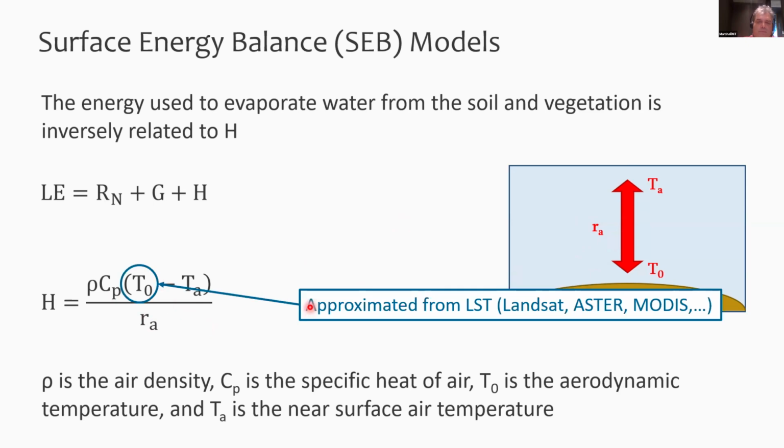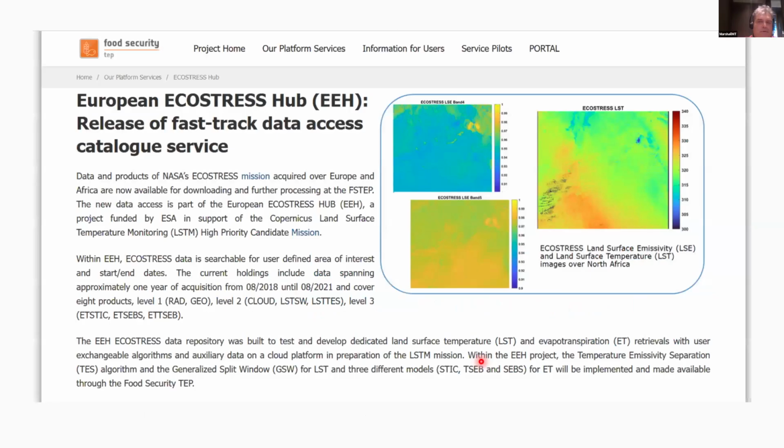heat. And then you can see here, yeah, typically we estimate land surface temperature with Aster or Landsat and EcoStress in the case of our project. Now, the typical way EcoStress models evapotranspiration, ESI, is not with this general method of surface energy balance.